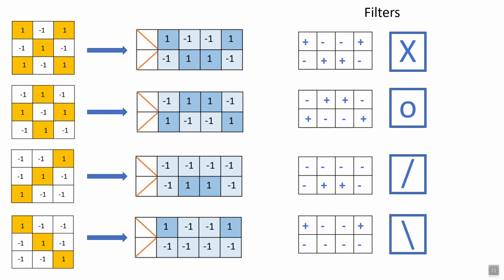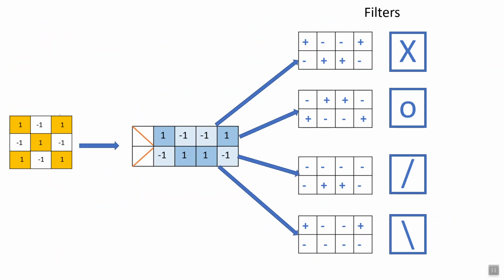So what's going to happen is we are going to compare our matrix with every filter. Okay, so here is our X matrix. X is here and it's encoded with the X. What happens when we compare with every filter?